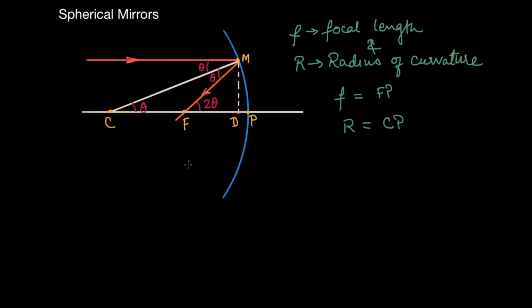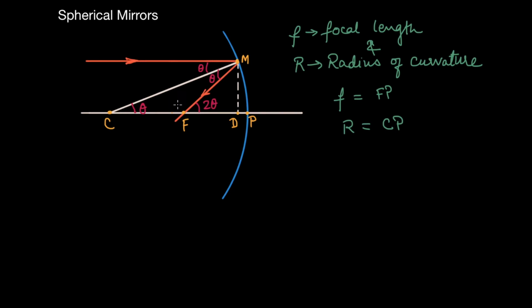And now let's do some trigonometry. So let's look at triangle CMD, and triangle FMD. We're going to look at some trigonometry in these two right angle triangles.